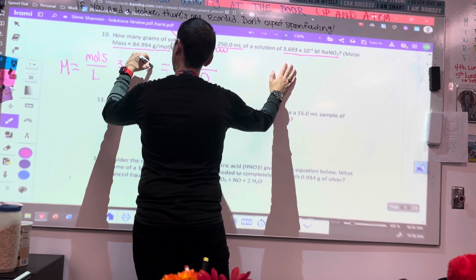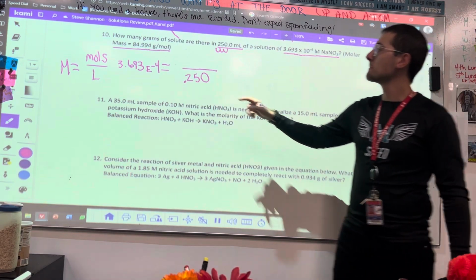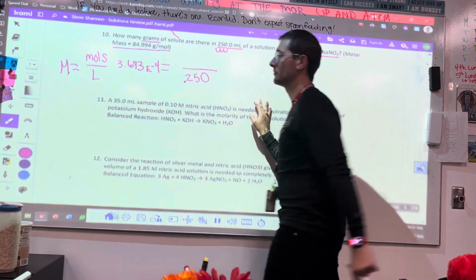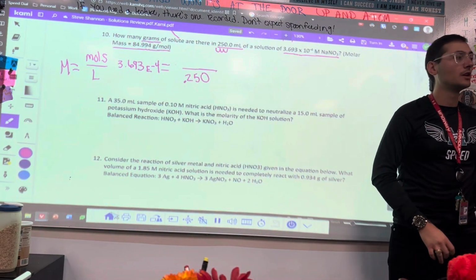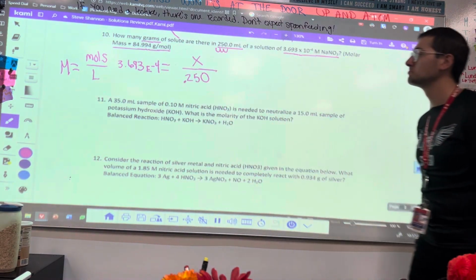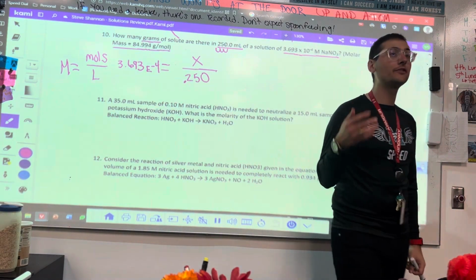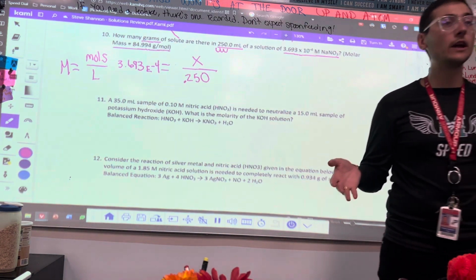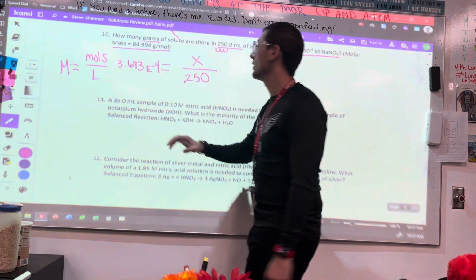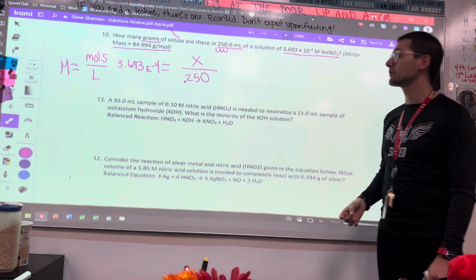And so that means I'm looking for moles that I can then convert to grams. So what I have to do here is put an X in for moles so that I can solve for moles of NaNO3. And then I will take that answer and I will convert it to grams of NaNO3. And this molar mass was given to me, so it's really only 2 steps left and this problem is done. The first step is to solve for X.